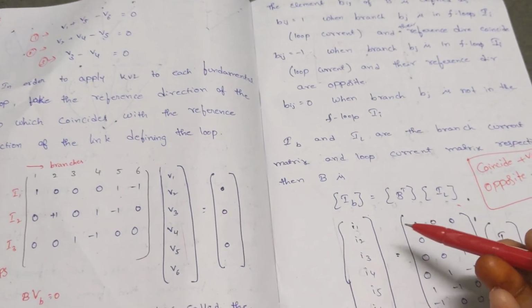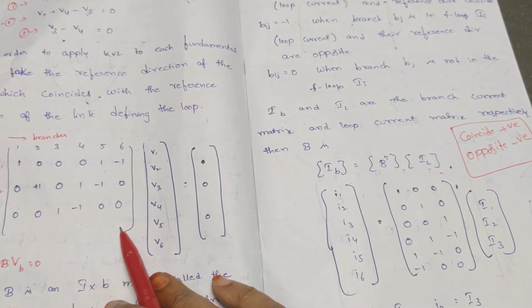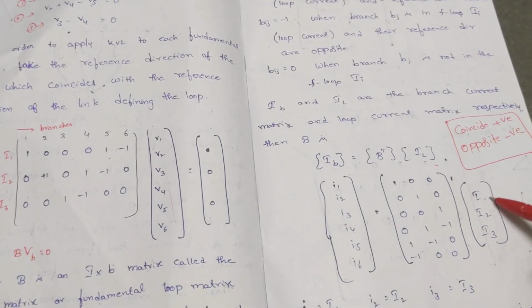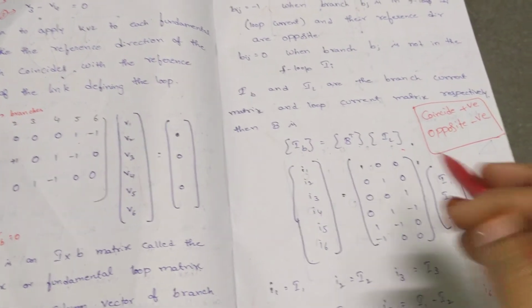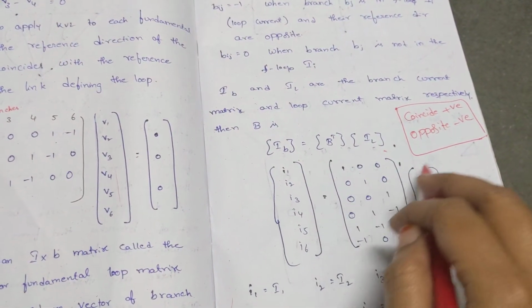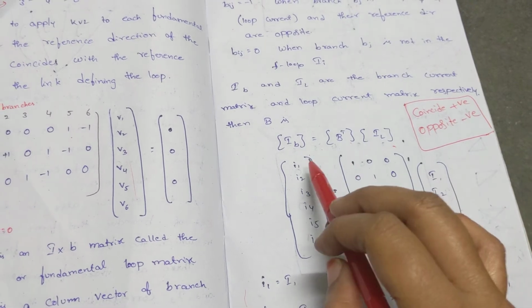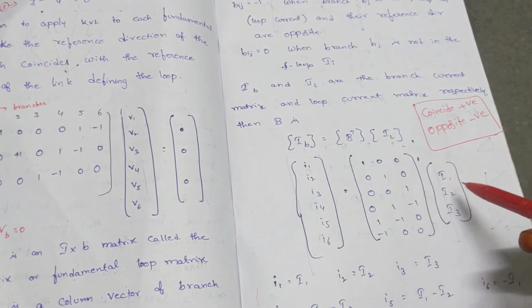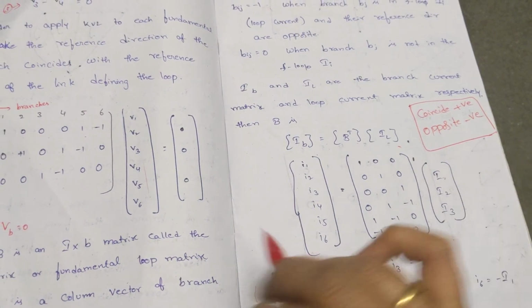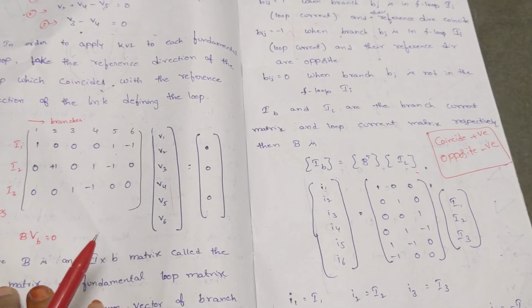We have a total of 6 branches, I already have my B matrix, and I have a total of 3 loops, so 3 loop currents. After doing the matrix multiplications, I get the branch current I1 as nothing but the loop current I1.